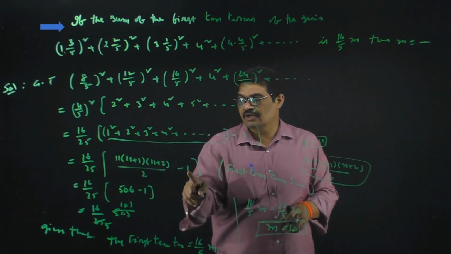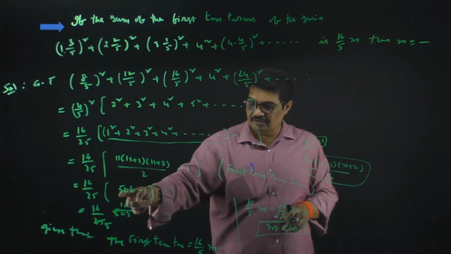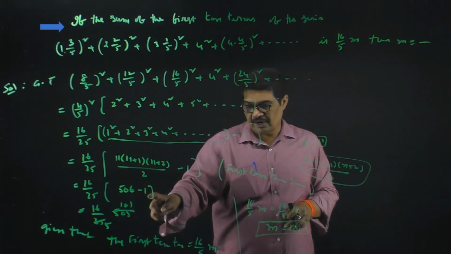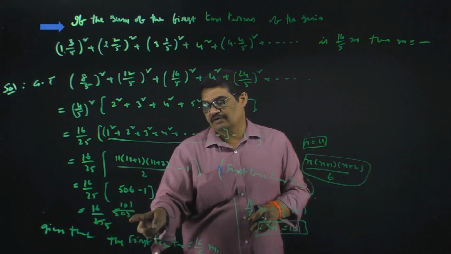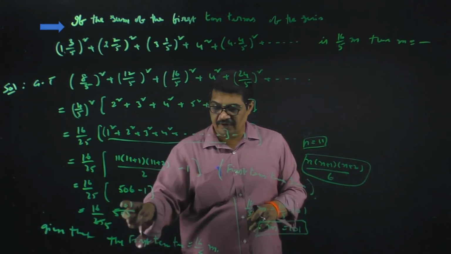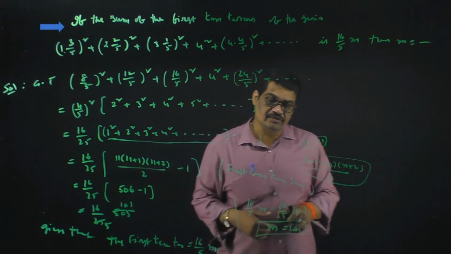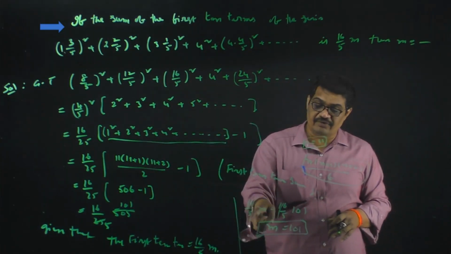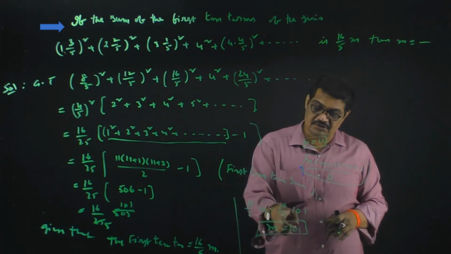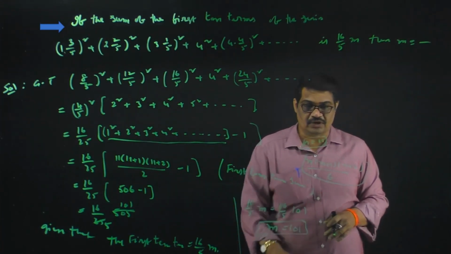This value simplified is 506 minus 1, that is 505. So 16/25 into 505 is nothing but 16/5 into 101. The sum of the first 10 terms is given as 16/5 m. Now equating to this, we get m is 101. Okay.